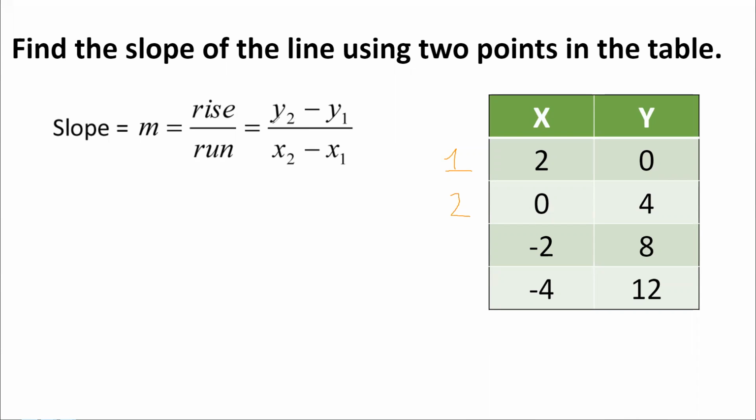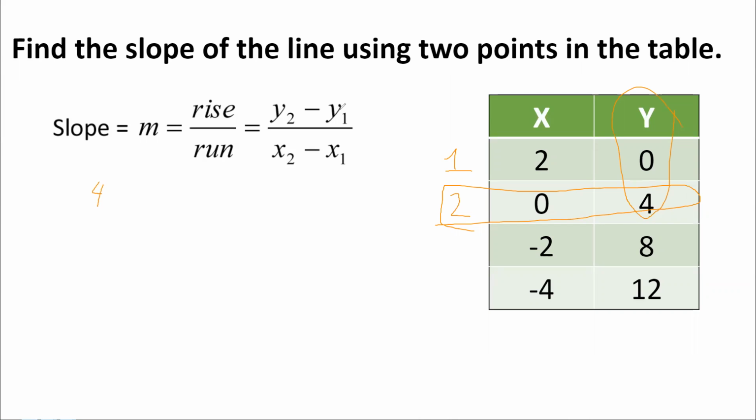For this first number, I'm looking for y2. Y is right here, so I'm looking at these two numbers, and then 2 is right here, so I'm looking at those two numbers. The only number that it crosses is 4, so my 4 is going to go there.